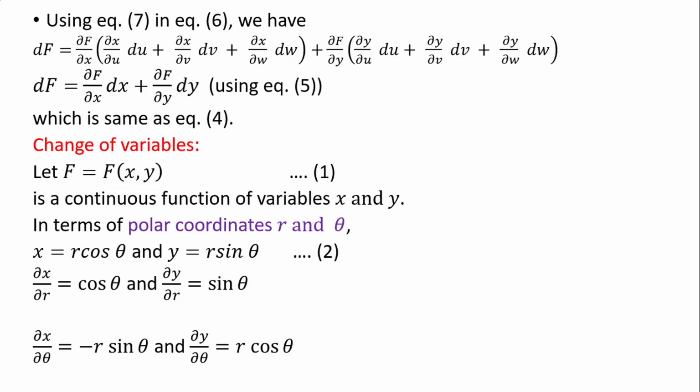Now we came across different types of variables. For example, here we have considered function f as a function of variables x and y. The variables x and y, however, can be converted into different types of coordinates known as polar coordinates r and theta, as we have studied in complex variables, where x is equal to r cos theta and y is equal to r sin theta.